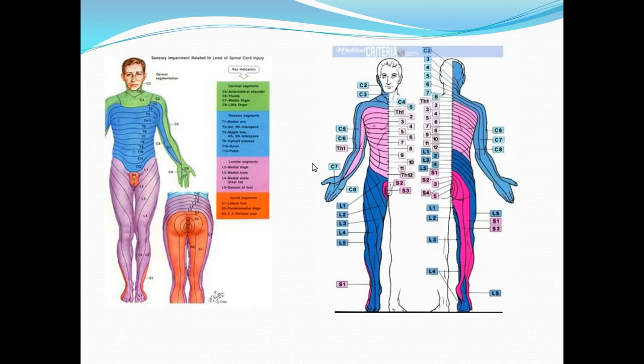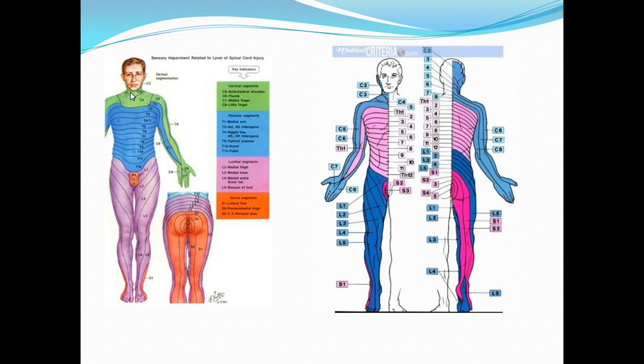The sensory level is very, very important. If we want to localize a lesion, sensation and sensory level is very important. If you don't know about the sensory level, then it will be very difficult for us to know where the lesion is and what level of the spinal cord is involved, because we know that there are different portions of the spinal cord, might be the cervical, might be thoracic, might be lumbar portion.